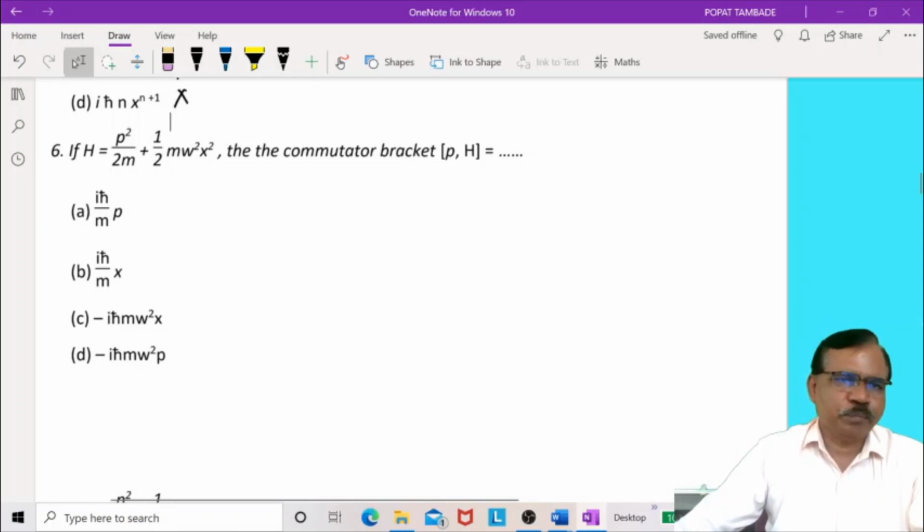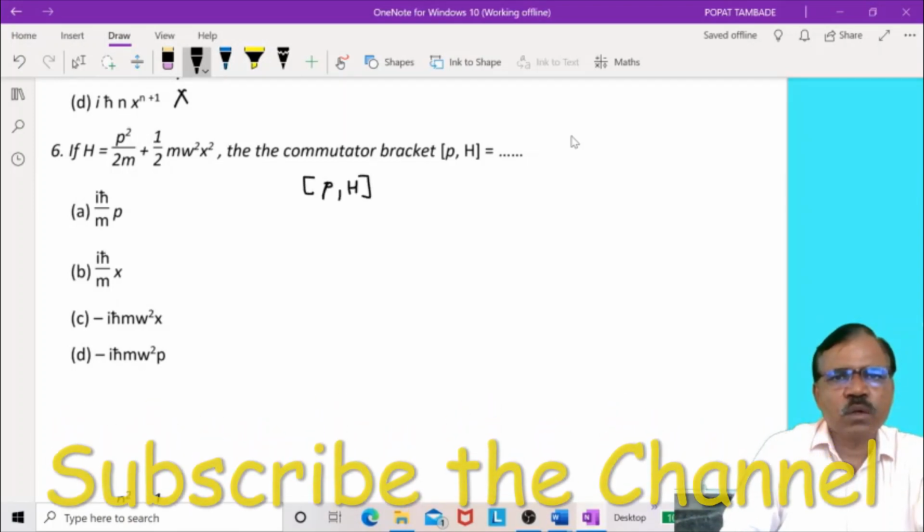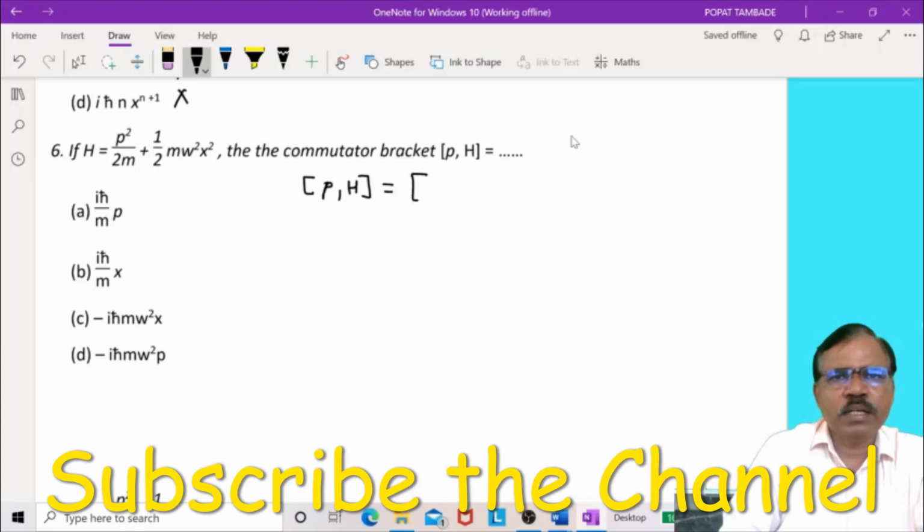If H, the Hamiltonian operator, is equal to p squared upon 2m plus 1/2 m omega squared x squared, then the commutator bracket [p, H] will be equal to what? Now the commutator [p, H] will be equal to the commutator [p, p squared upon 2m plus 1/2 m omega squared x squared].